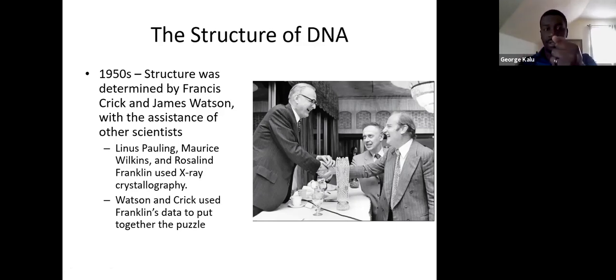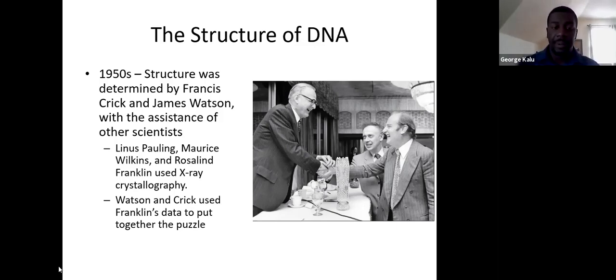So if you have this crystal structure and you shoot a bunch of X-rays at it, the X-ray particles are going to bounce off based on the structure of the DNA molecule. Okay, and they bounce off onto a sheet, and then it almost creates a shadow or a silhouette of the structure of DNA. And so that was the first technique that was used to help them understand how DNA was built here.